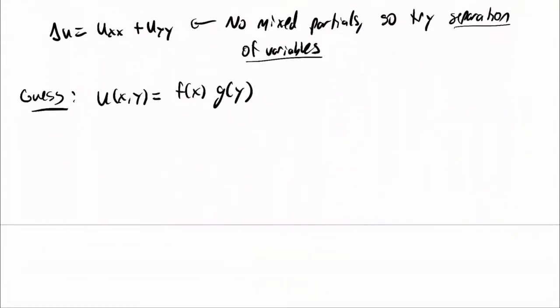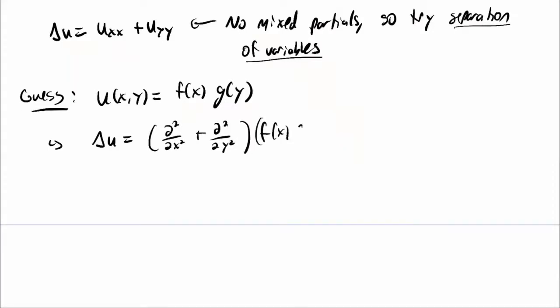Okay, and so what happens if I have a solution of this form? What happens if I apply the Laplacian? So this tells me that the Laplacian of u is equal to the second derivative with respect to x plus the second derivative with respect to y of f of x times g of y. But the x operator here is only going to act on f, and the y operator here is only going to act on g.